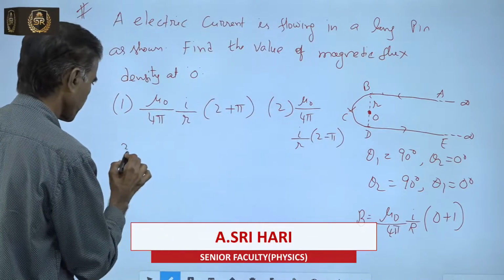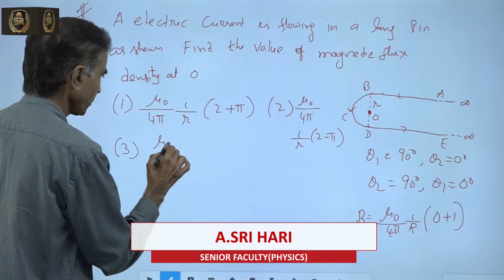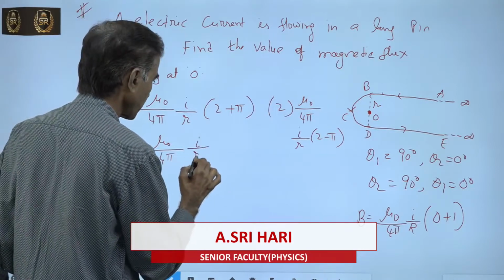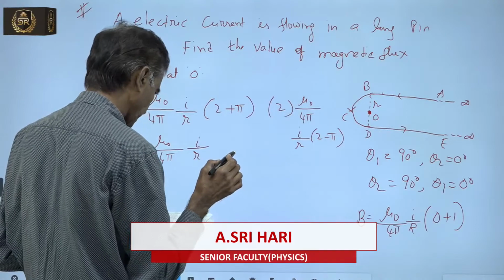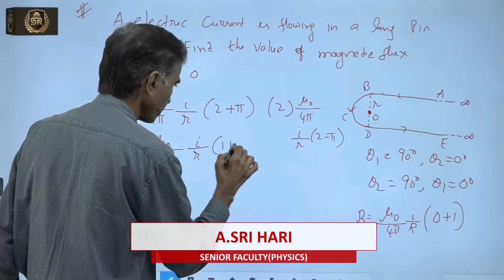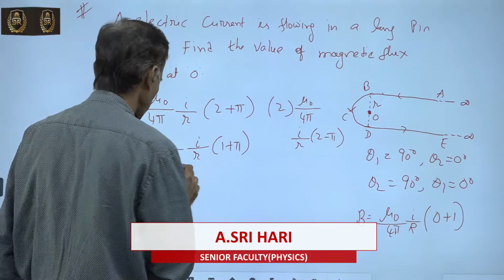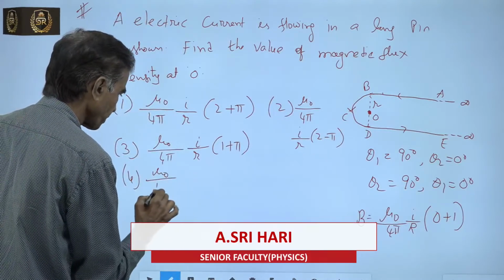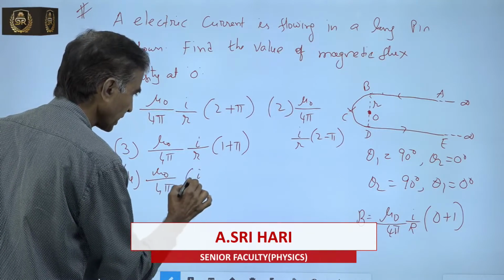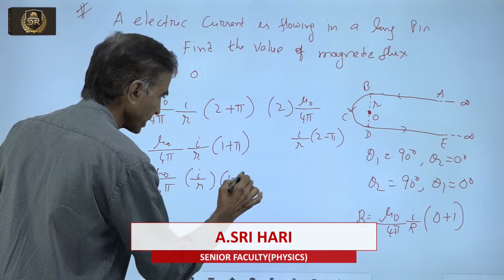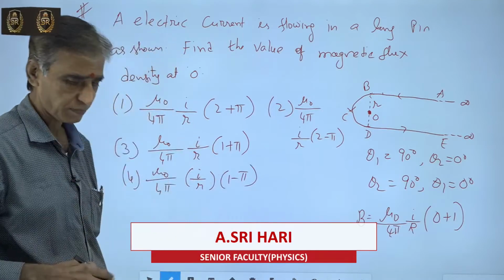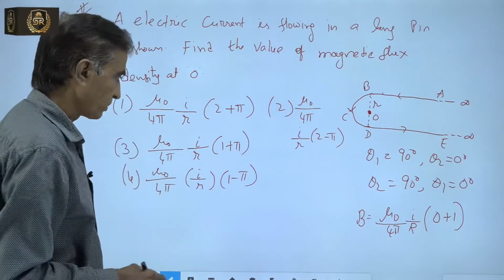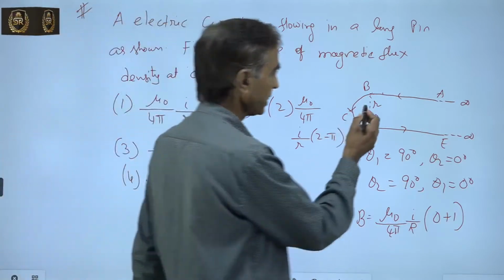Third option: mu naught by 4 pi into I by R into 1 plus pi. And the fourth option: mu naught by 4 pi into I by R into 1 minus pi. These are the options given. I told you, we are taking the last 2-3 years problems.